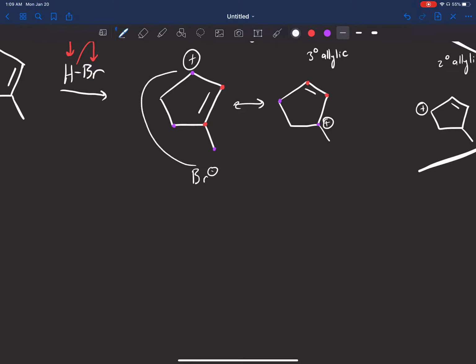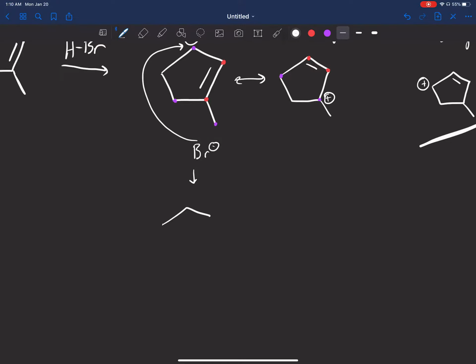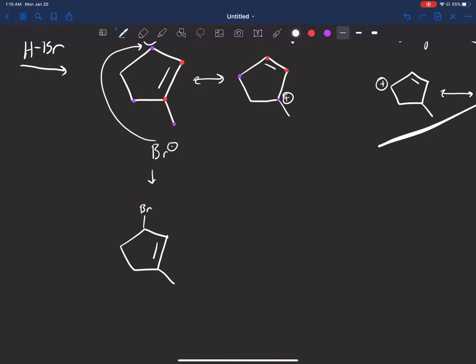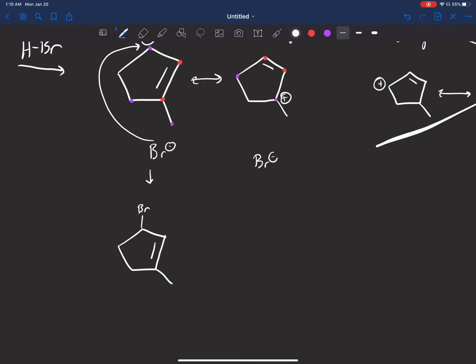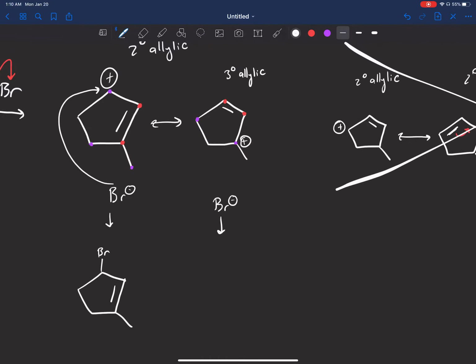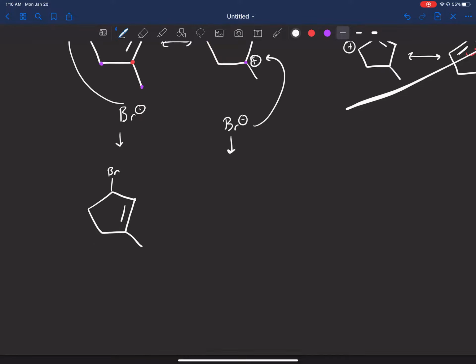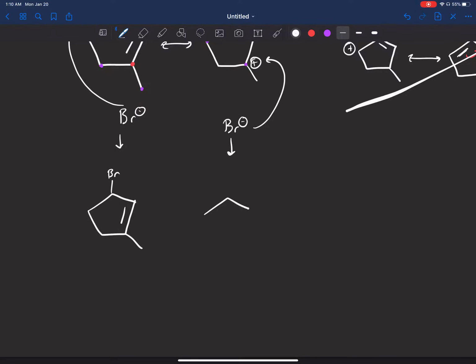So our Br minus now comes in, attacks, and our final product is going to be this. Br, let's move this, and the methyl. In this case, we're going to have the Br attack that carbocation, generating this product.